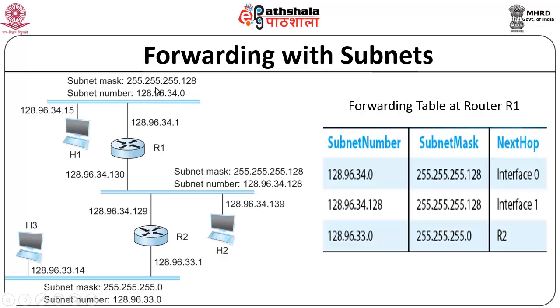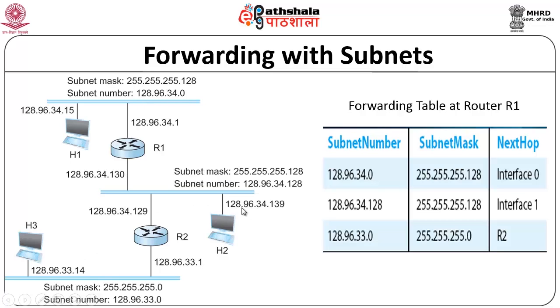So you identify the network and the subnetwork part put together, and that becomes the subnet number. In this case, if I apply 255.255.255.128 as the mask, you will find that you get 128.96.34.0 as the number for the subnet.